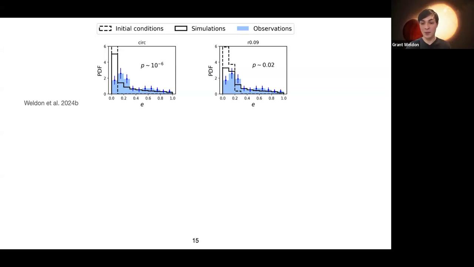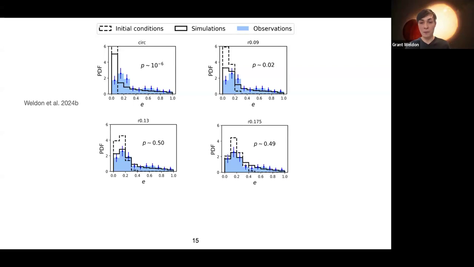And so we test some various Rayleigh distributions with different means. And for slightly higher means, we obtain even better matches, p-values of about 0.5. And all of the simulations agree with the observations within each bin to about 1 or 2 sigma. And in our paper, we test a number of other distributions to obtain more or less good matches.